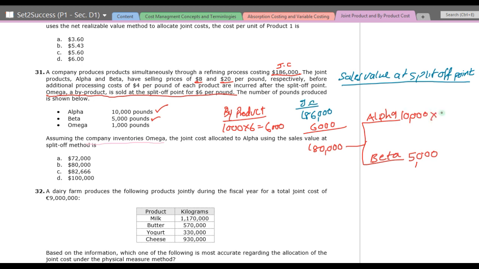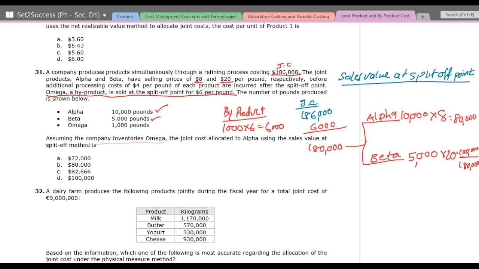So this is equal to 80,000 for alpha and 100,000 for beta. So the total sales value is 180,000.